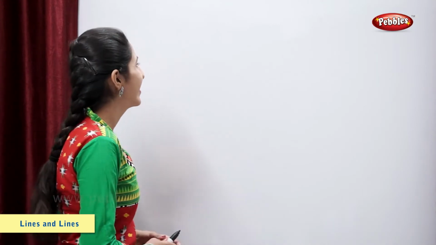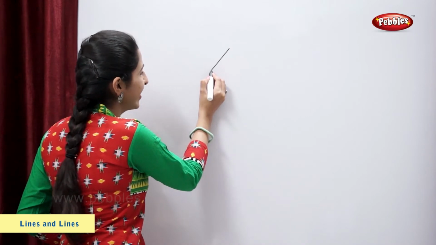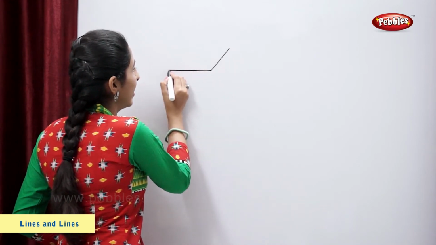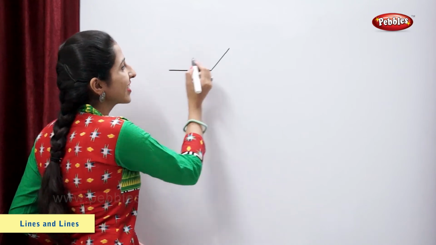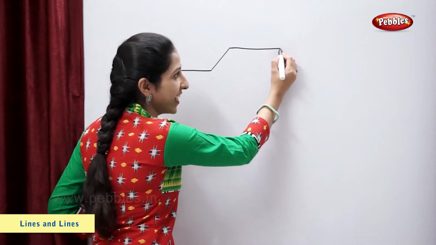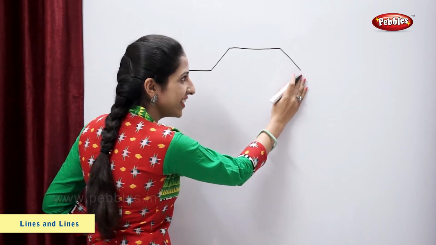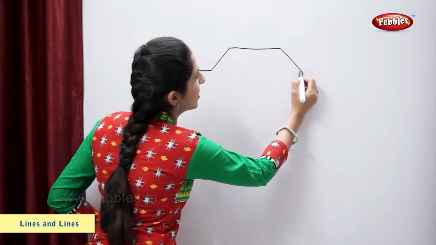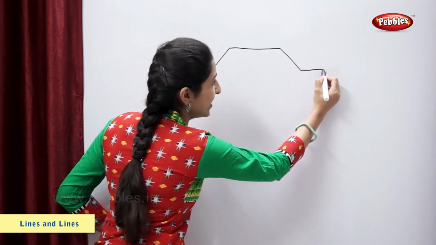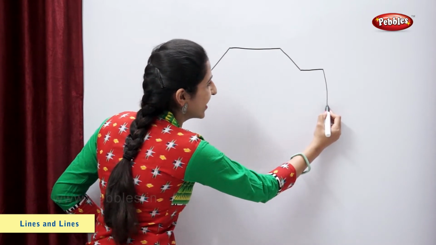Now let's draw a car. A slanting line. A sleeping line. Sleeping line again. A slanting line. Sleeping line. A standing line.